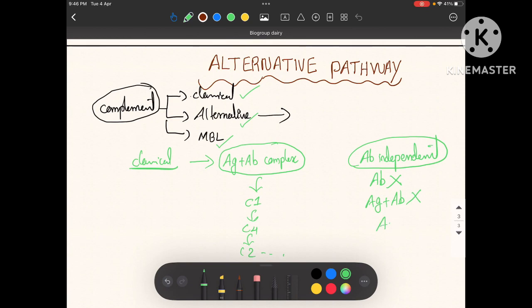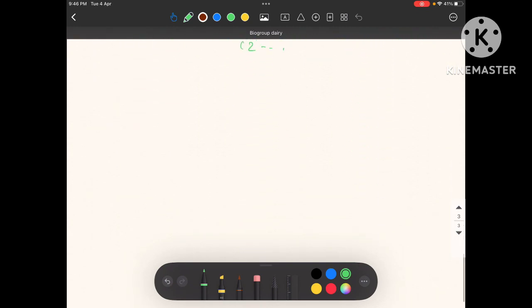Instead, the antigen directly activates the alternative pathway. This is the major difference. So how does this antigen directly activate the alternative pathway? Before that, what are the major components of the alternative pathway?